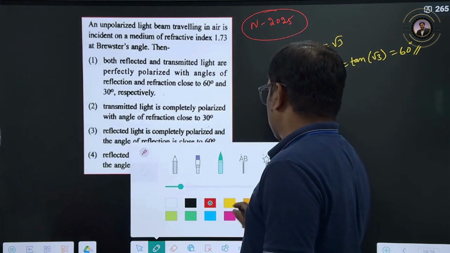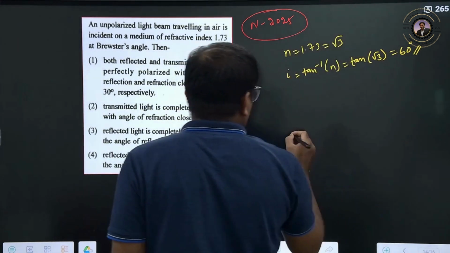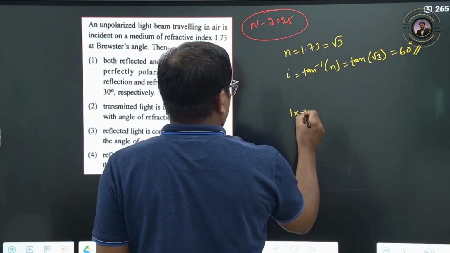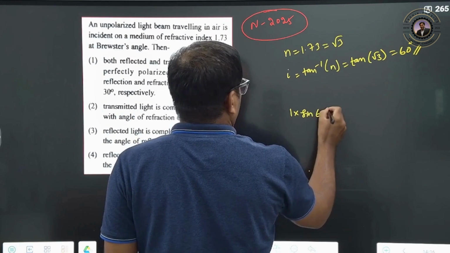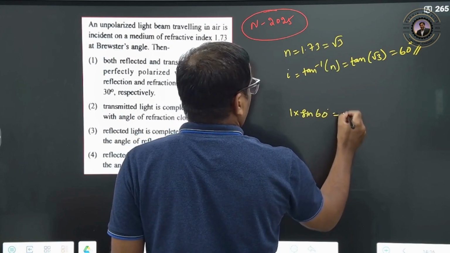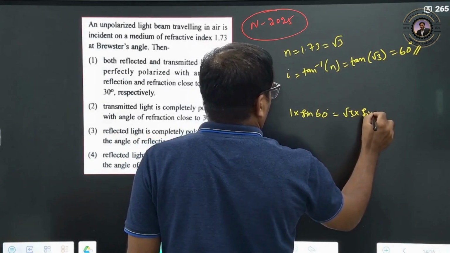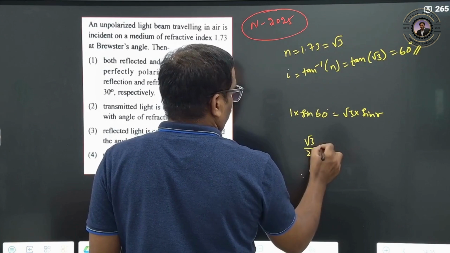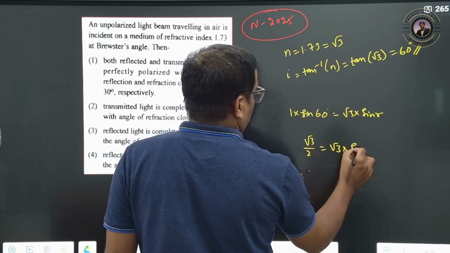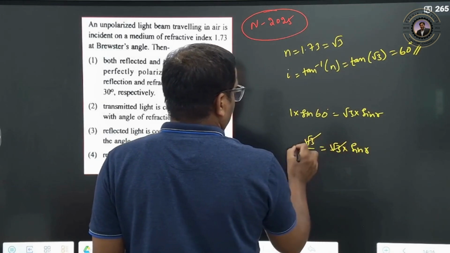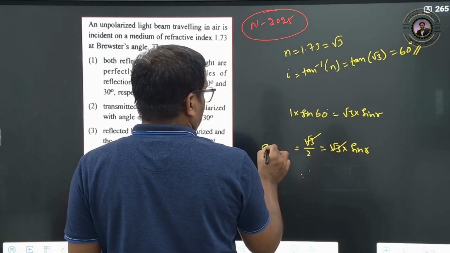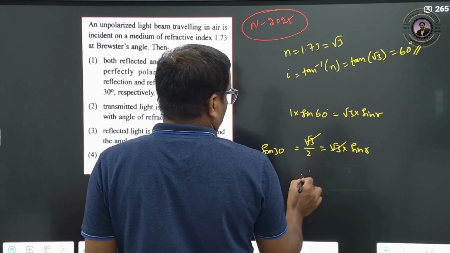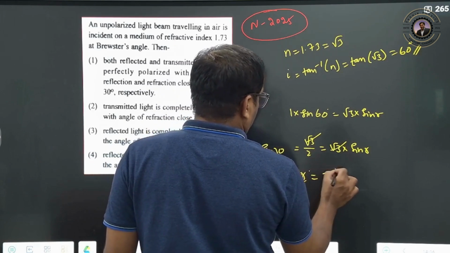We have to check it. 1 into sin 60 is equal to root 3 into sin r. So sin 60 is root 3 by 2, equal to root 3 into sin r. This will get cancelled out. 1 by 2 is sin 30. So therefore r will be equal to 30 degree.